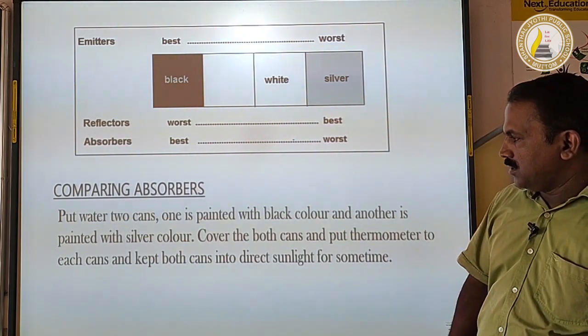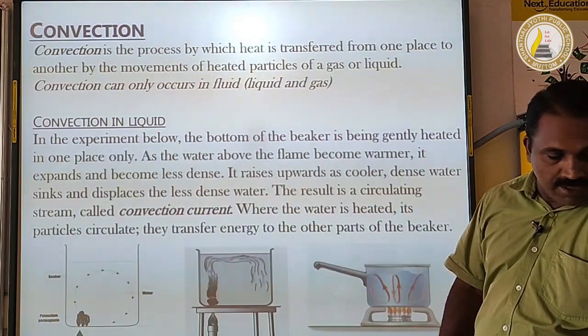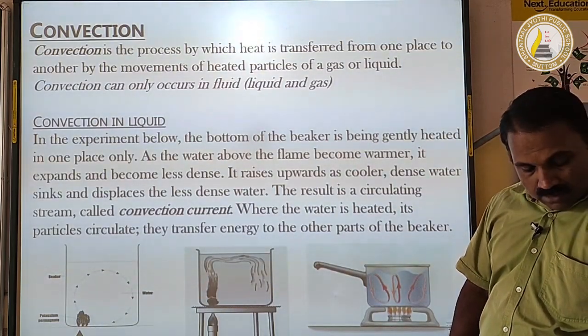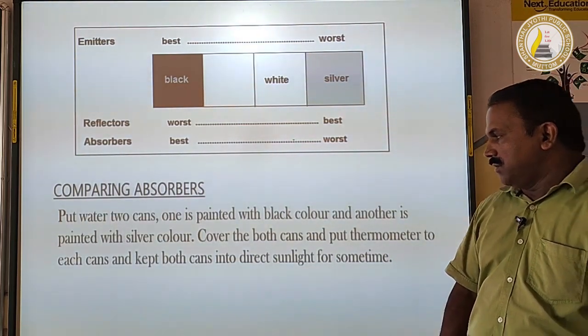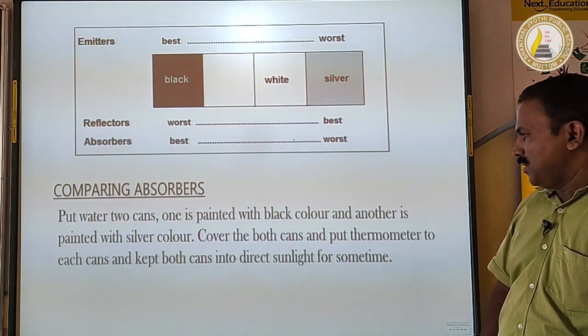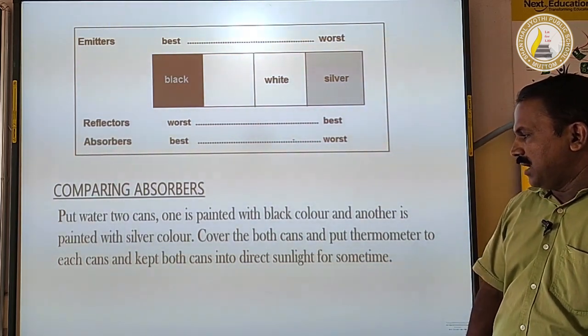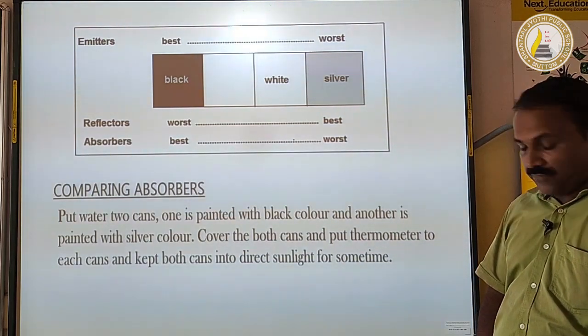Put water in two cans, one painted with black color and another painted with silver color. Cover both cans, put a thermometer in each can, and keep both cans in direct sunlight for some time.